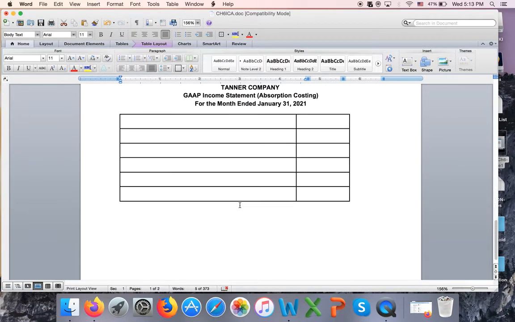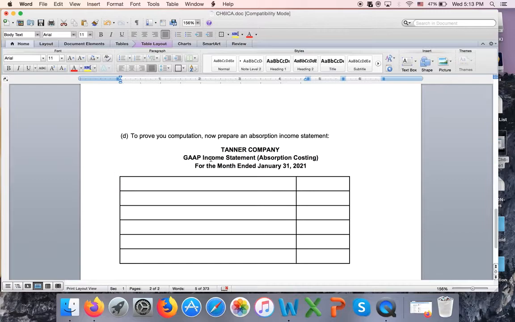I'm going to go to D, regular, GAAP. On your printout, I said something different. This is a GAAP income statement, absorption costing. We're going to absorb, so your fixed overhead is going to become a product cost.